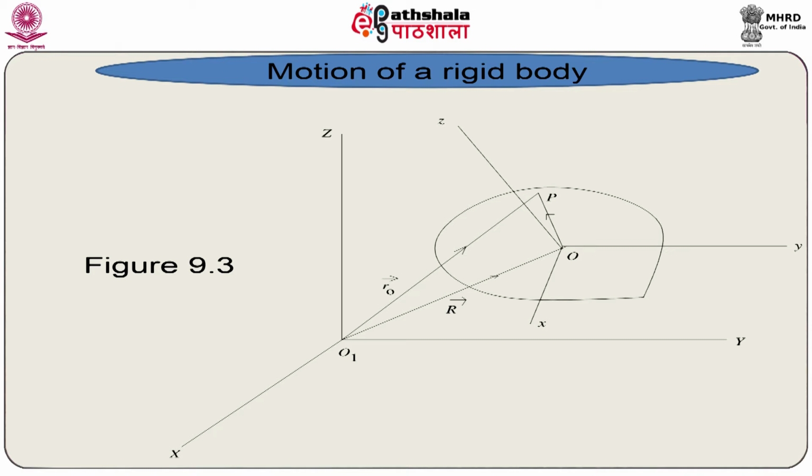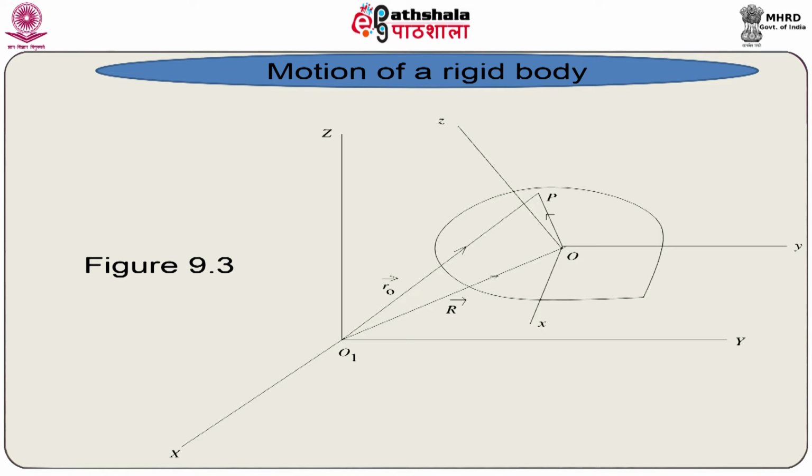To discuss the motion of a rigid body, let the position vector of O with respect to capital O1 be capital R vector. It is considered at time t. Let theta, phi and psi be the Euler angles which determine the orientation of the body axis system with respect to the inertial system or fixed system.